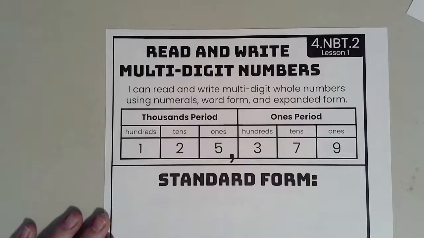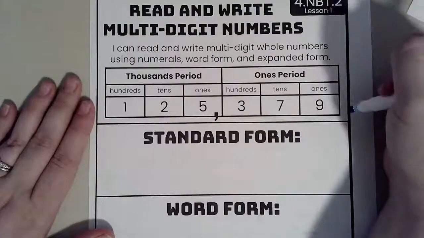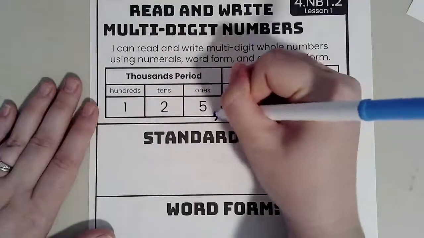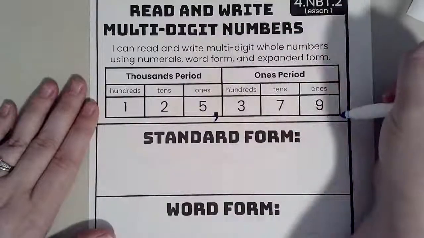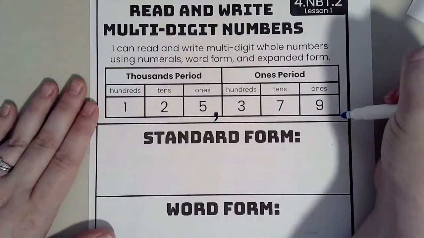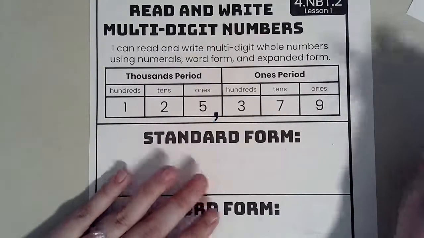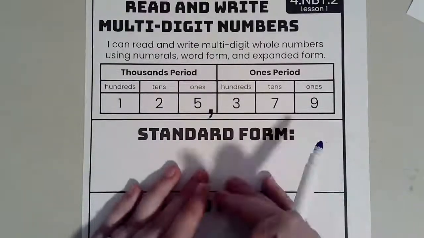So the first way, and remember, I'm going to go back really quick. Remember how we talked about that there is a comma every third number, which shows us that separation in the periods. Now that you're in fourth grade, you're going to have millions or 10 millions.